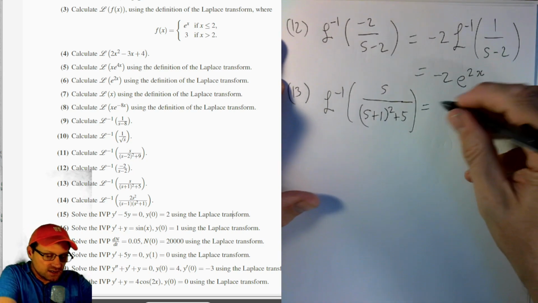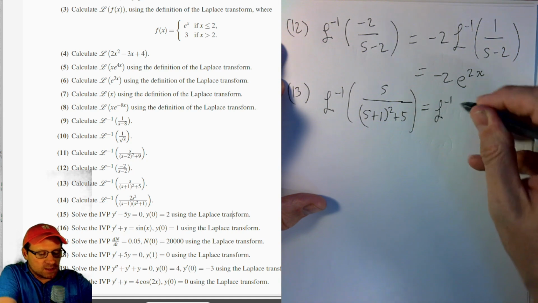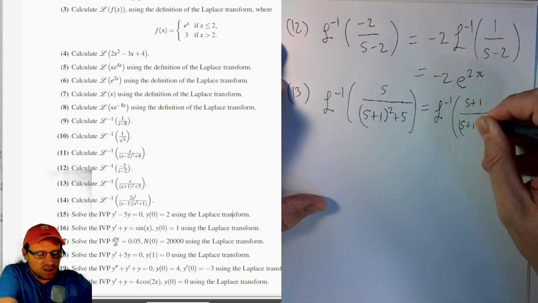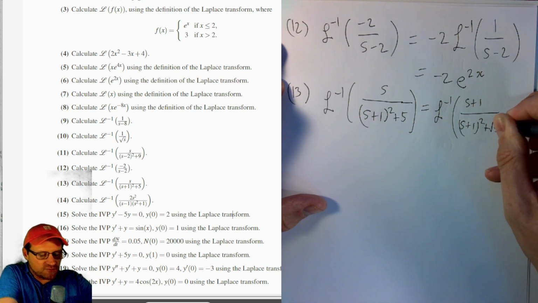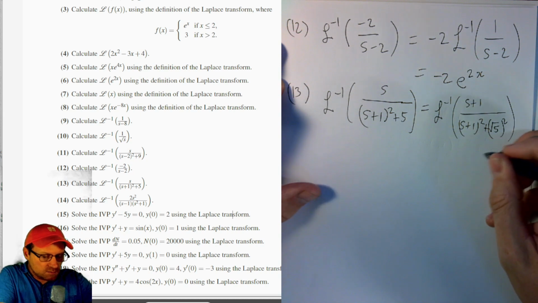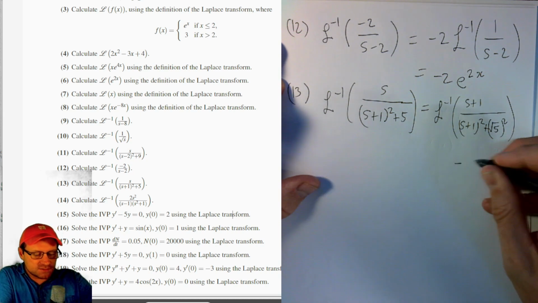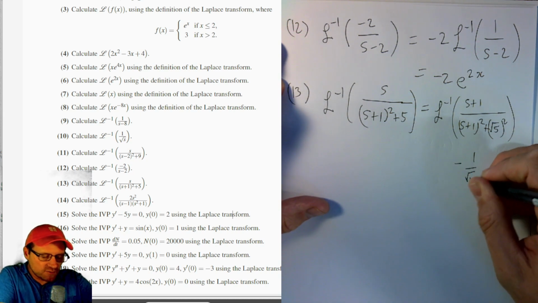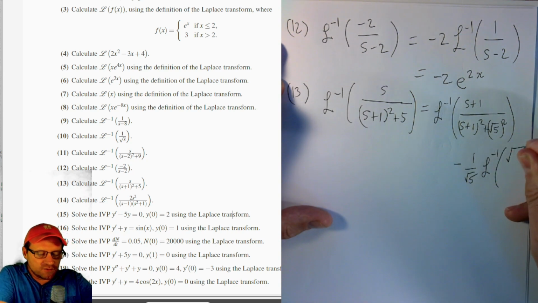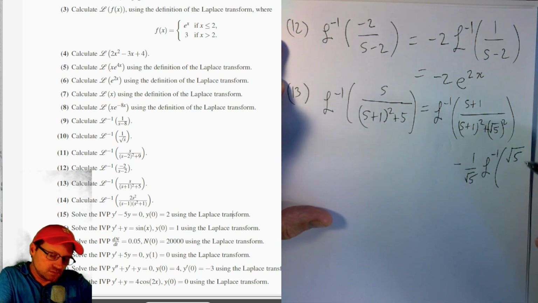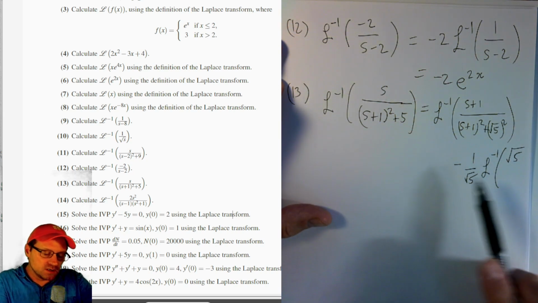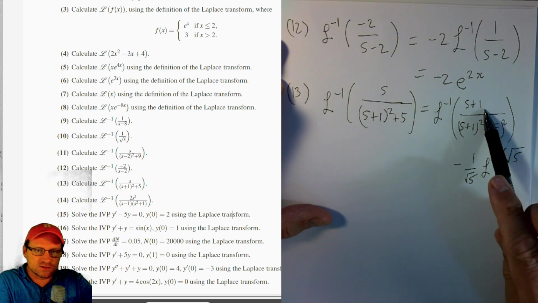So we want to write this as inverse Laplace of s plus 1 over s plus 1 squared plus the square root of 5 squared. And then minus 1 on the square root of 5, Laplace inverse of root 5. Because remember, 1 on root 5 times root 5 is 1. So that's why I put the minus there. So it cancels this 1 in there.